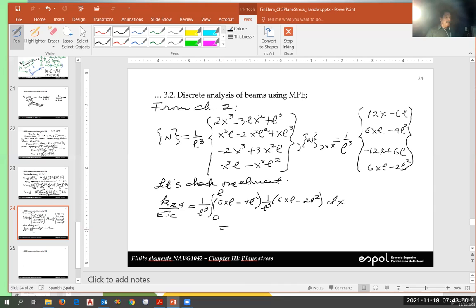So it's going to be the integration of this times that, so 36 x squared L squared. What I'm missing is the L to the 6. I'm missing this part here.